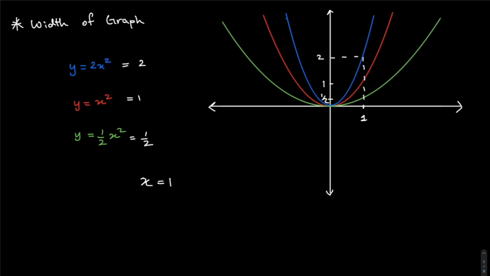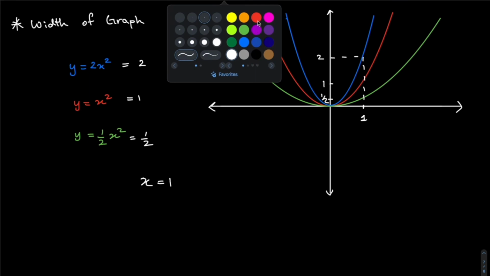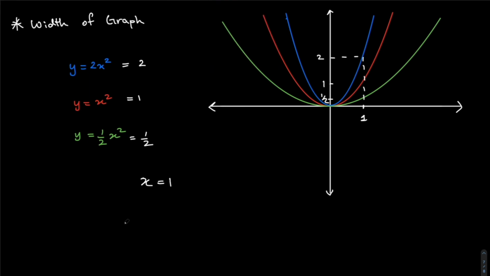Now if you want me to generally summarize it, I'll change the color first. Basically, modulus of a: a determines the concavity of the graph, or sorry, the width of the graph, I would say.